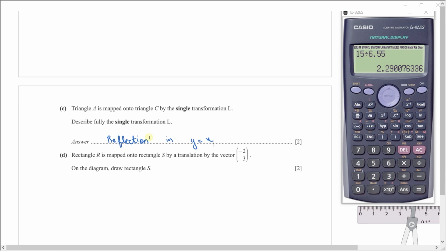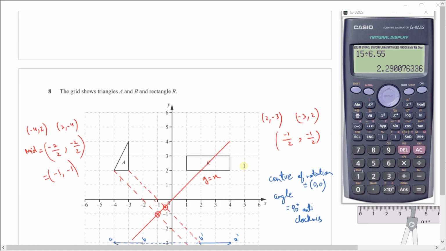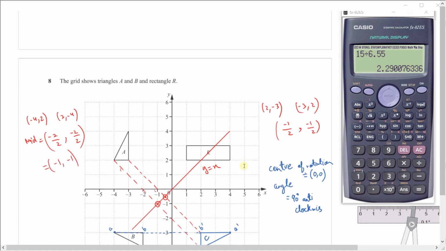The next part is rectangle R is mapped onto rectangle S by a translation vector of minus 2, 3. So let me just erase this line here. So your translation vector is minus 2, 3.